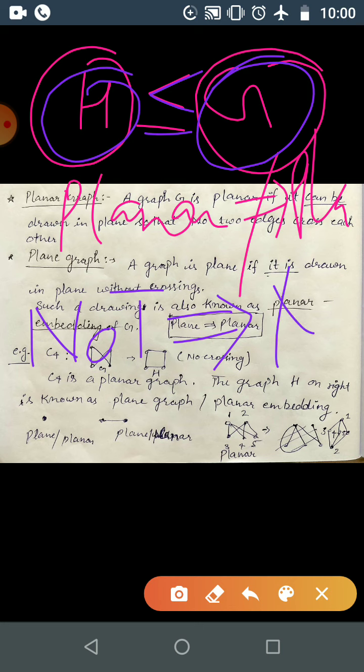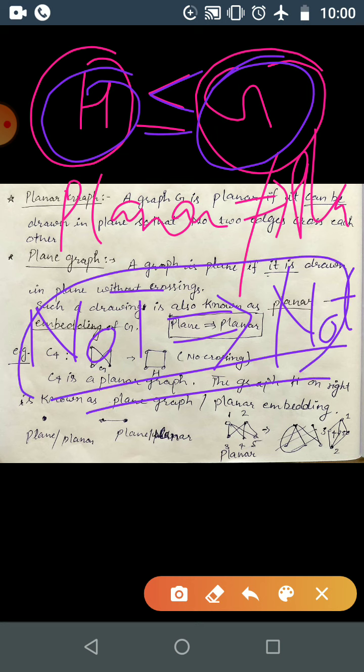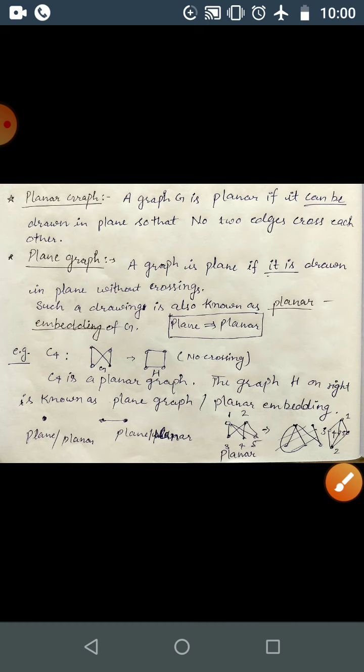So non-planar implies non-planar. So this result I think is very important, correct?